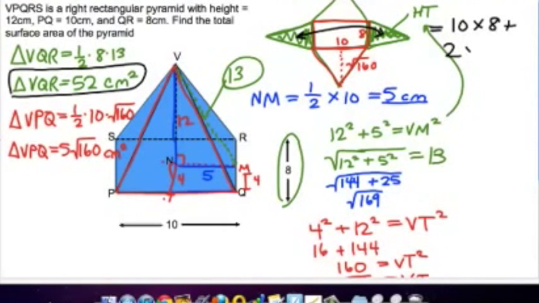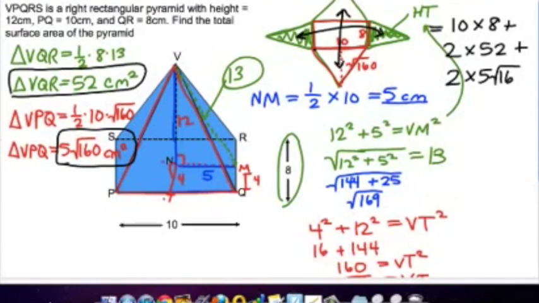So that's going to be 2 times 52, and then I'm going to add the area of VPQ and its opposite, so these two. So I'm going to have 2 times, what did we have? 5 times the square root of 160, and that's going to get my answer of 310 square centimeters. That is my answer. That's the surface area of the pyramid.